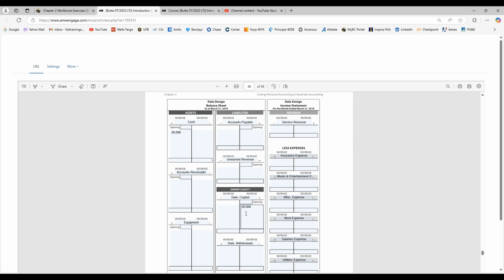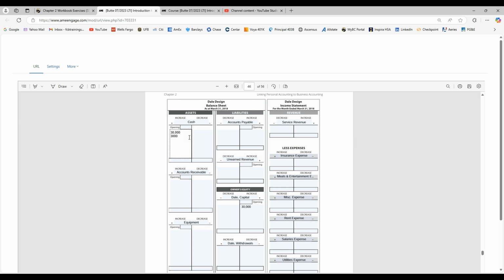You're making an investment into the business, and we're going to increase that cash asset by putting it on the left side of our T account, and increase our equity by putting it on the right side, and we're in balance. We're not using debits and credits quite yet.